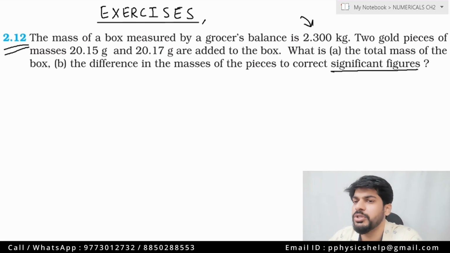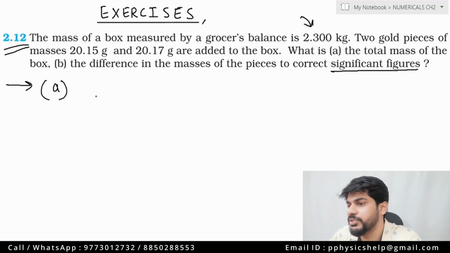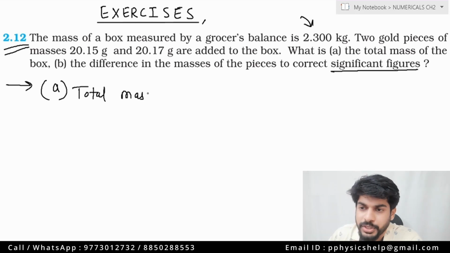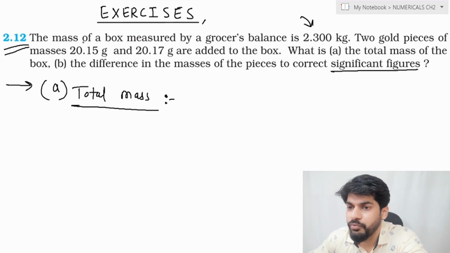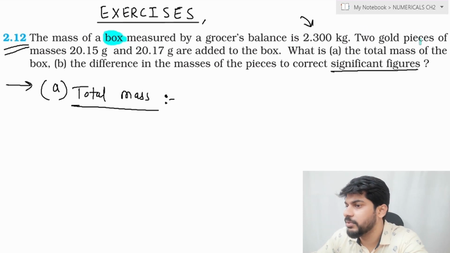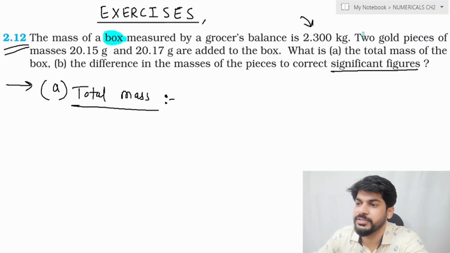So let's solve this. It's a very simple problem. First of all, let's go to the first question, that is total mass. Here there are actually three objects. One is this box, the first object. Then the two gold pieces, the two more objects.